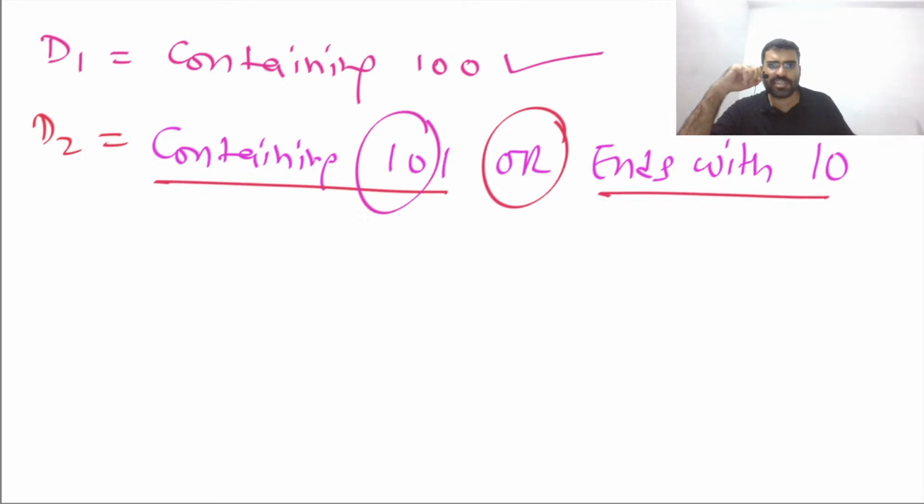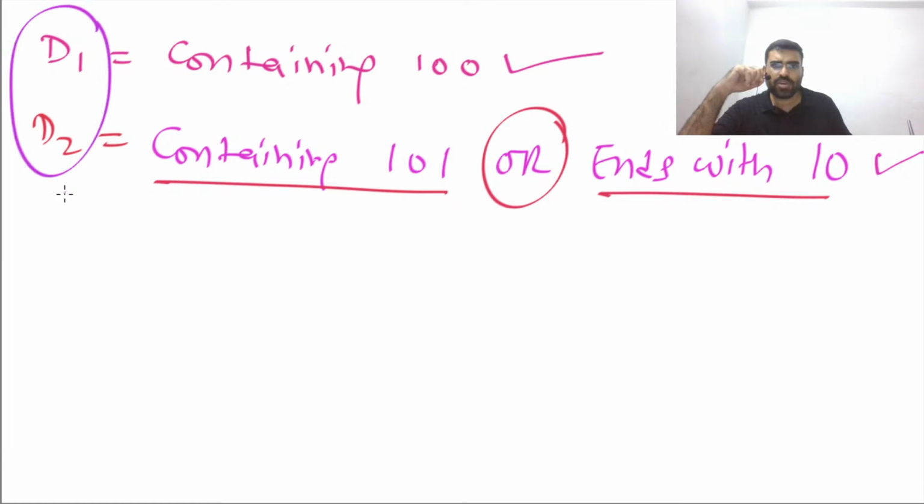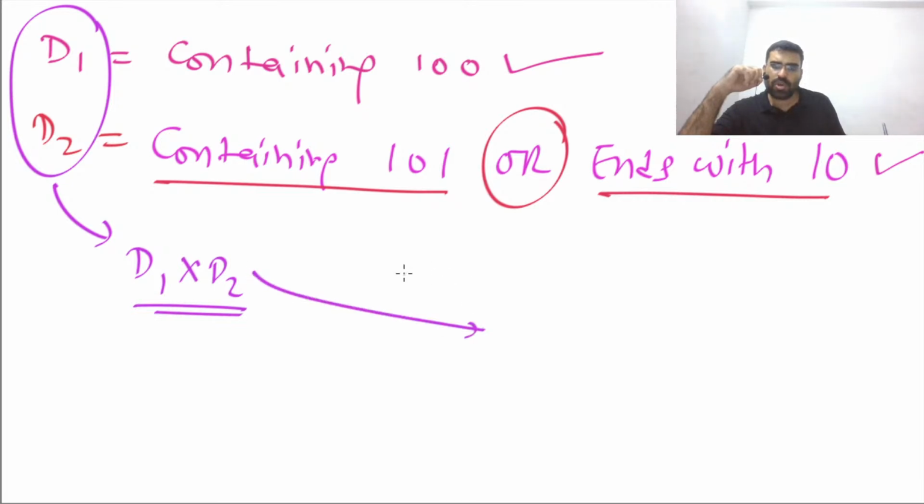There is individual existence of 10, and if you end with 10, then also there is individual existence of 10. So you create these two DFAs, and from them you can create the product automata, and that product automata you have to minimize.